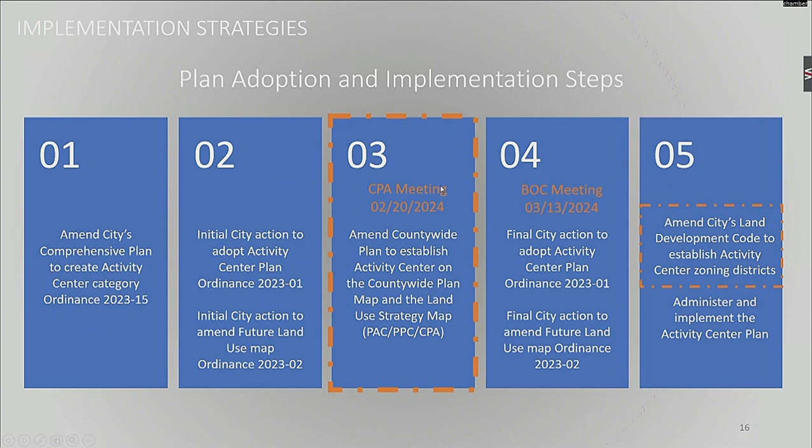And then after that is done, it'll come back locally to the BOC for their final action on the activity center plan, on our local comprehensive plan. That is scheduled for March 13. You're obviously welcome to attend that.